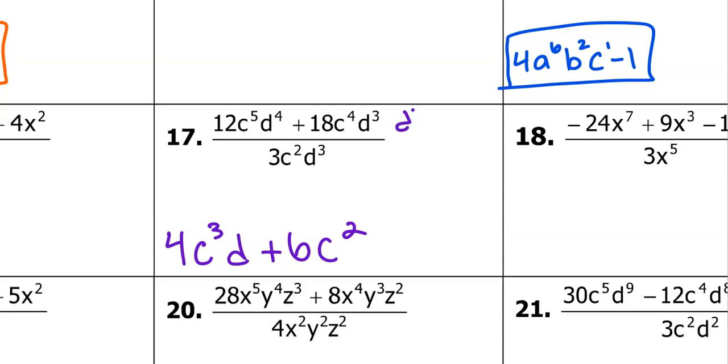Remember? D3 over D3 is D to the power of 0, which is just 1. So I'm not going to put times 1 right there. That doesn't make sense. So those cancel out, just on that side, though. Is it in standard form? Yes, we're in alphabetical order. So C's come first, highest degree to lowest degree, and we're good to go.